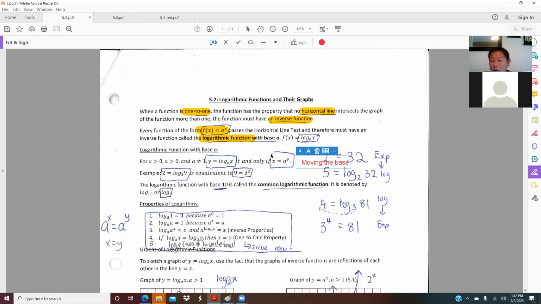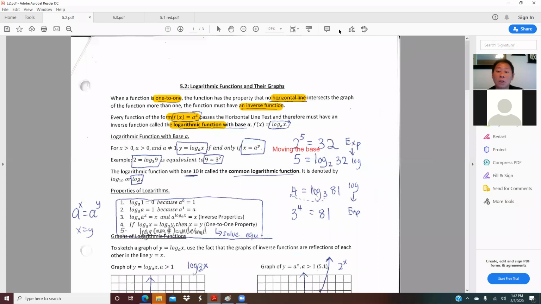Now, if you look at your calculator, all calculators only have the symbol log on it, with no base. This is what we call log without anything. If you see log, it means common log, meaning the base is 10.